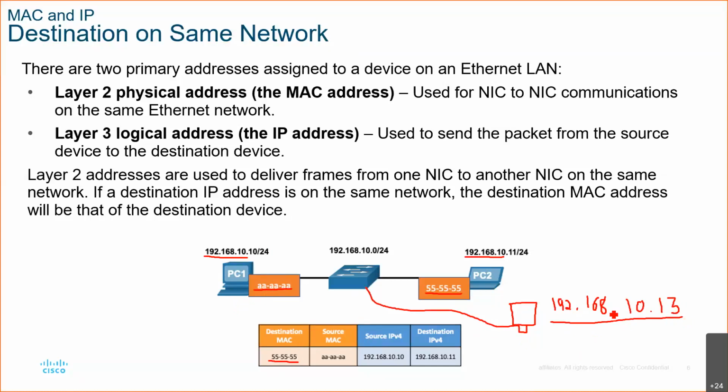Can you please find this and tell me what is its MAC address? So it will send the ARP request, and that MAC address of PC3 will be sent to the table of PC1. So next time PC1 wants to send a frame to PC3, it will just use the MAC destination address. Get it?